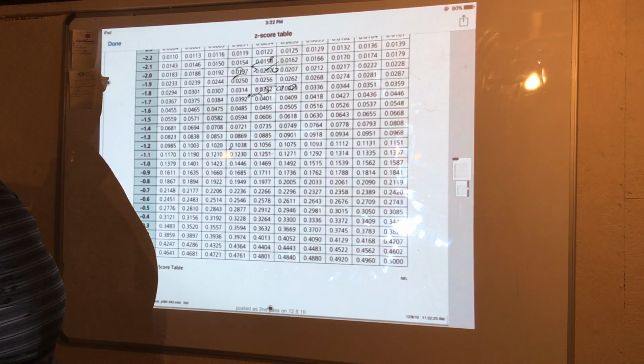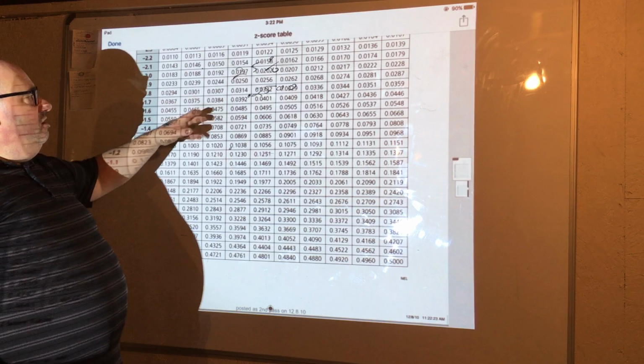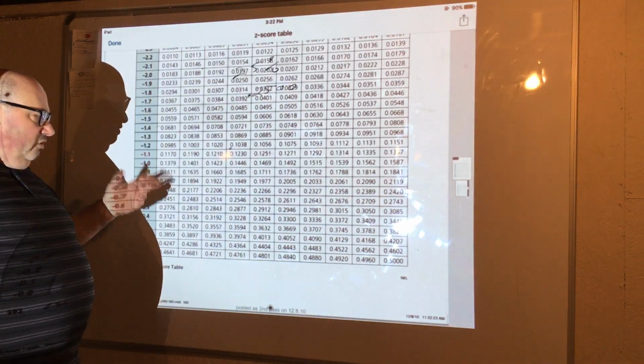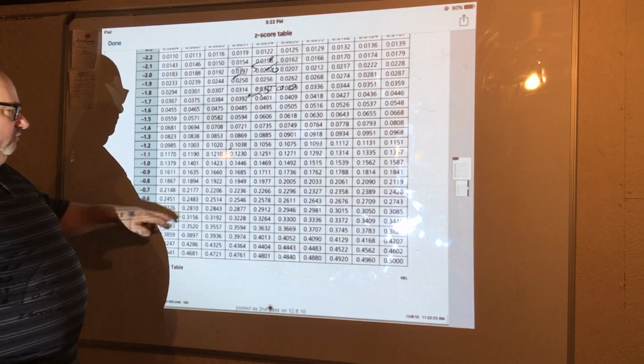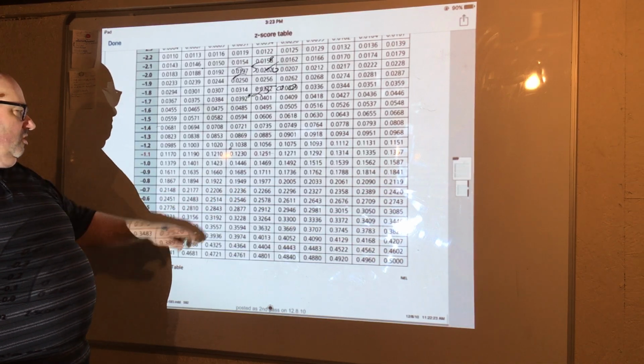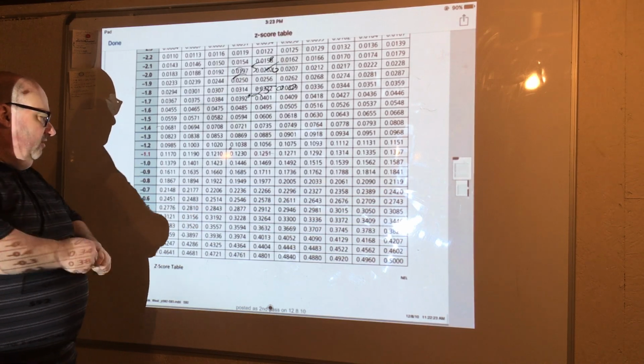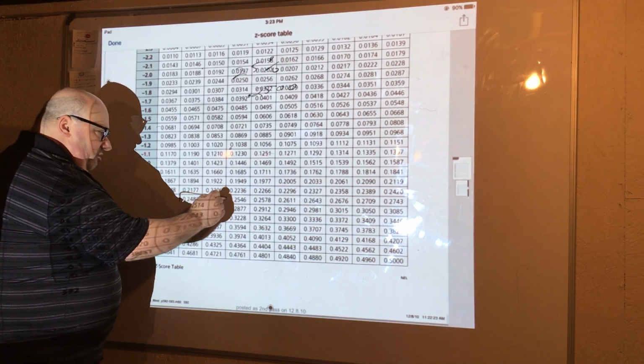So I'm going to look in here for a 0.25 or as close to that as I can find it. Here's 0.22, here's a 0.2514, here's a 0.2483.